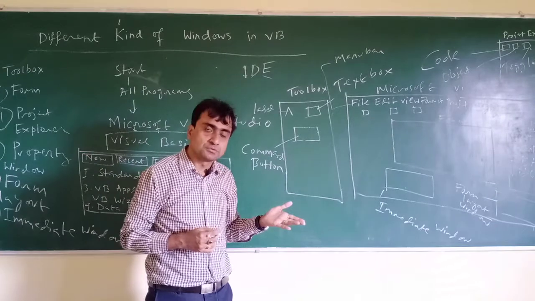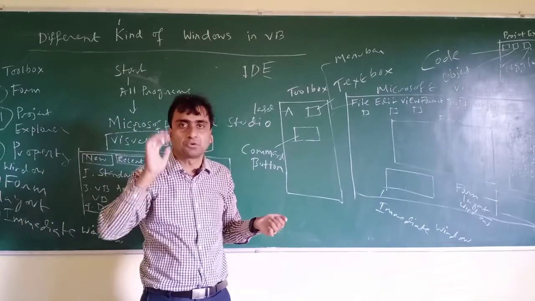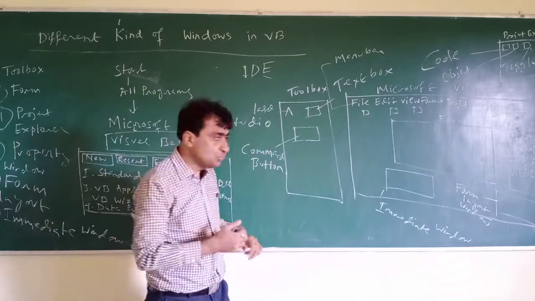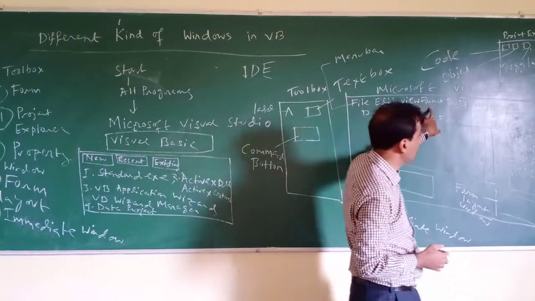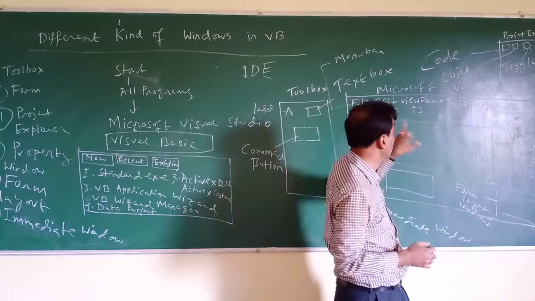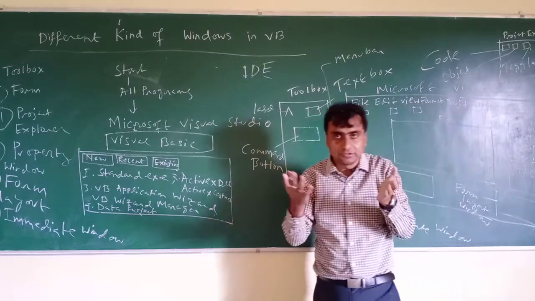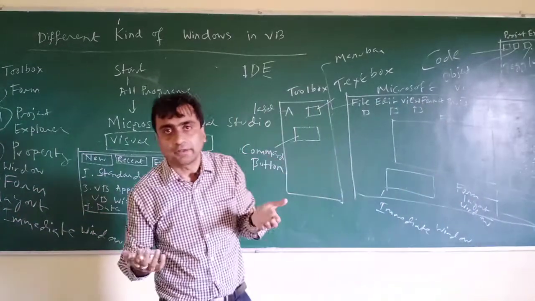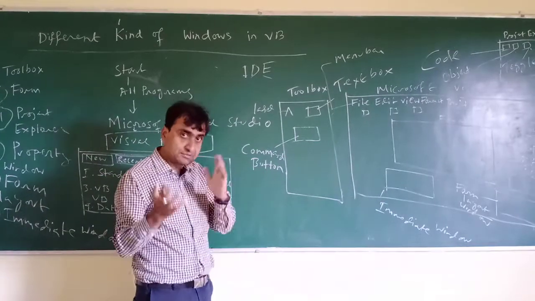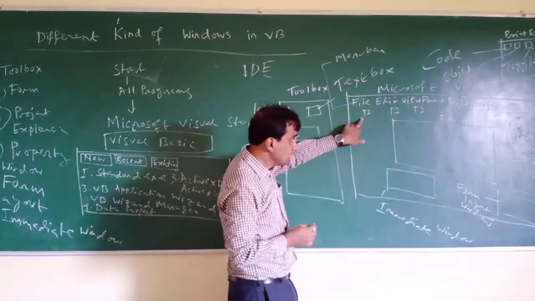You have used Turbo C++ also, or Borland C++, whatever version you have used. In that, this menu was there. Some new options are there here like view, format, project, but some common options are there like file, edit, run, help. Usually these options will be there in all kinds of editors, programming language editors, and even some common editors also.